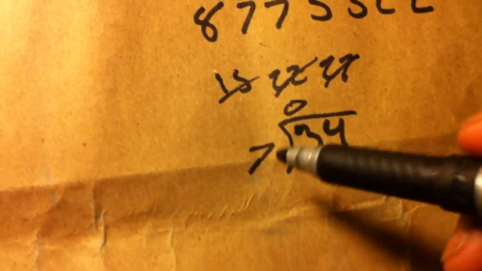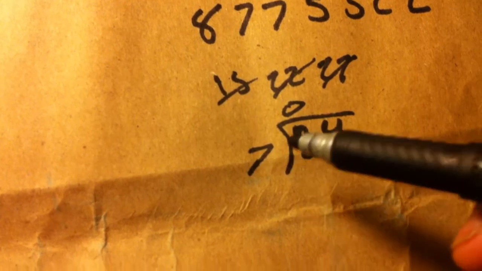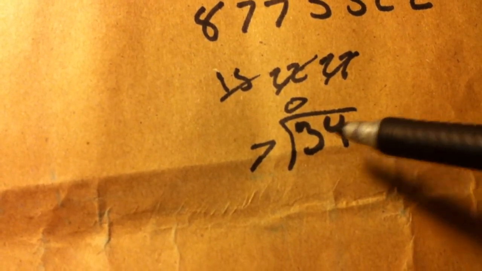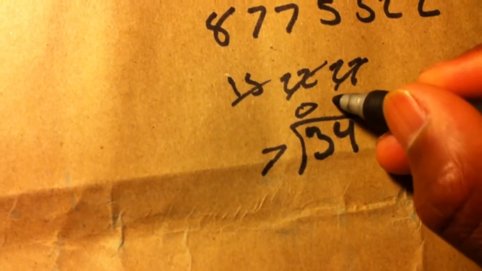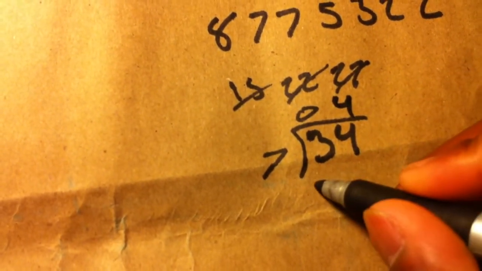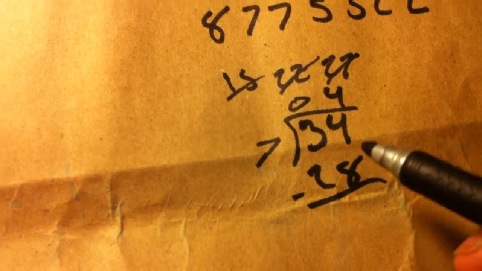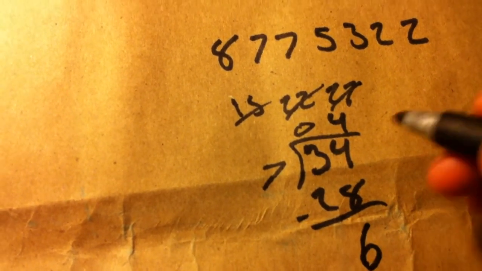So 7 times 7 is 49. 7 times 6, 42. 7 times 5, 35. Still over, so it must be 7 times 4, which is 28. You subtract these, so 34 minus 28 gives you 6.